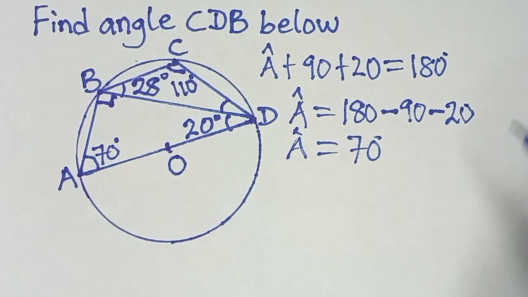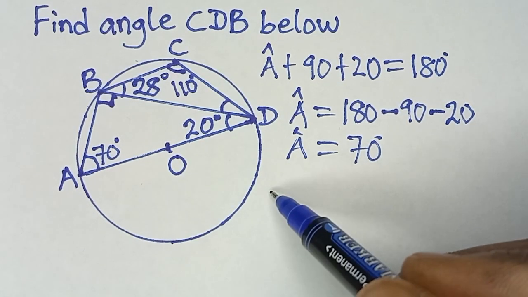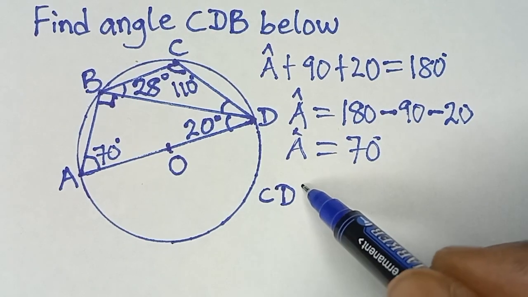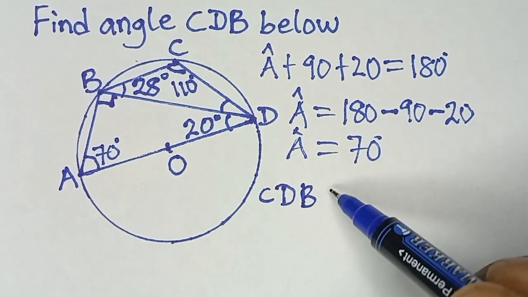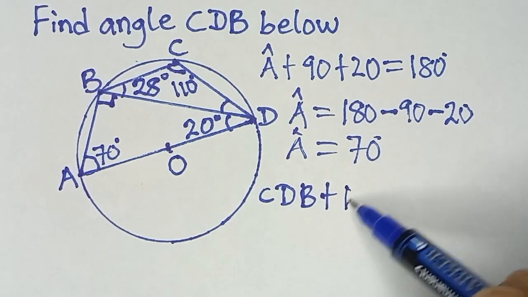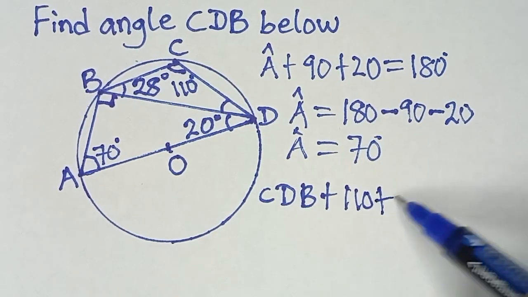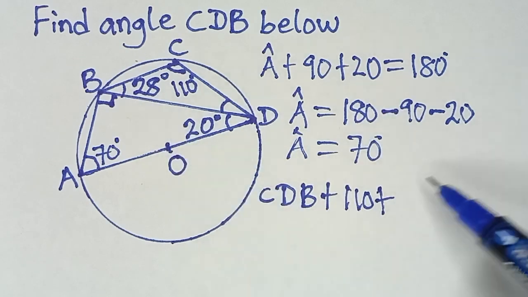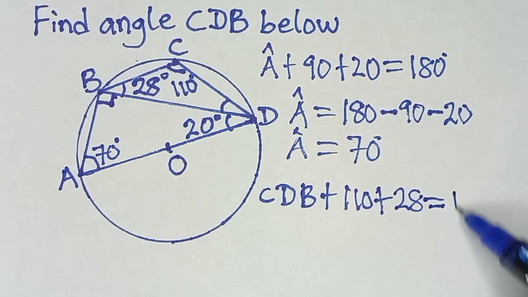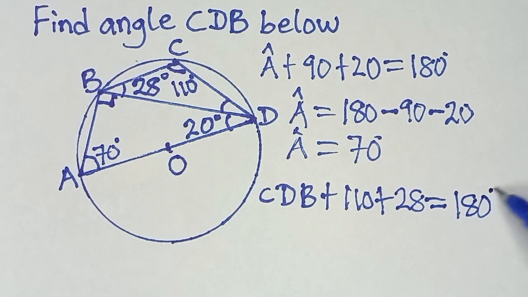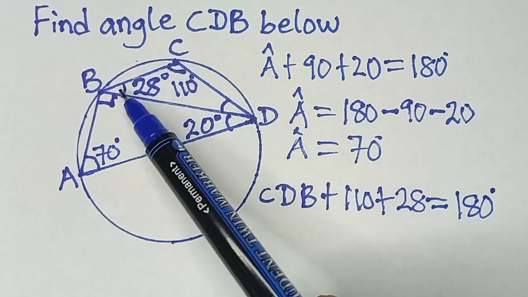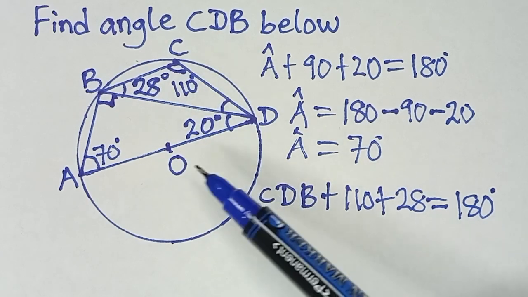So the method to apply there is to say angle CDB, which is the angle that we are looking for, plus 110, plus 28 degrees is equal to 180 degrees. Why? Because the sum of angles in a triangle is 180 degrees.